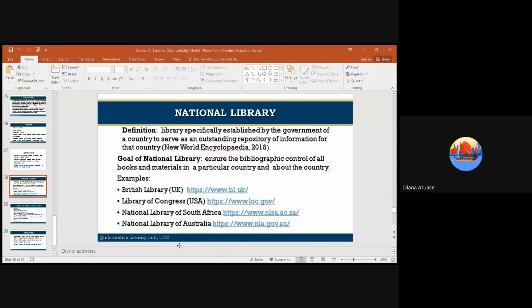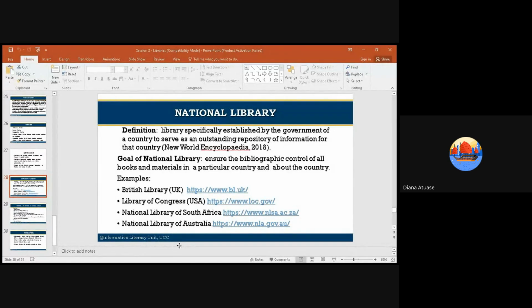These libraries are found in tertiary institutions. When you go to the universities, the teacher training and nurses training colleges, they are all tertiary institutions. You go to the polytechnics, they are all tertiary institutions. So libraries there are called academic, university, or college libraries.